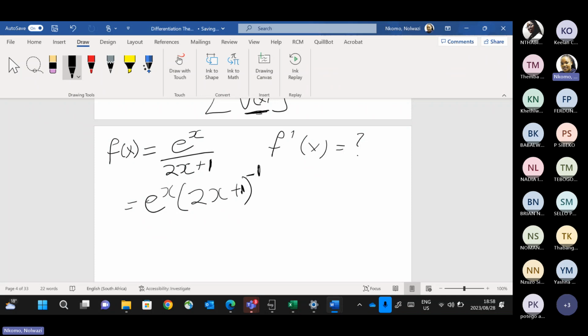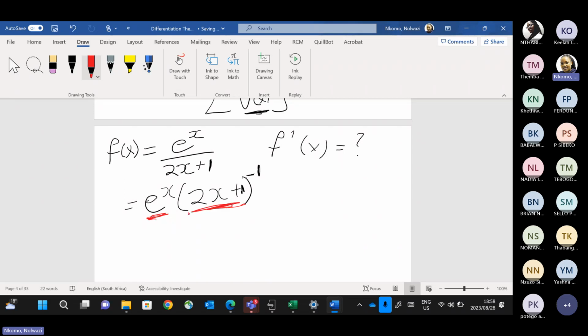And then from here, you can apply a product rule. But that would delay us, because the product rule would be the derivative of this function times this, plus the derivative of this function times this.